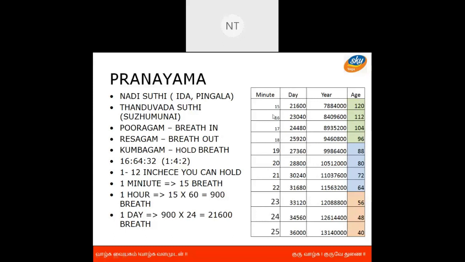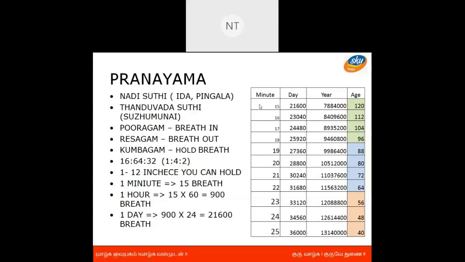Which means the more you increase the number of breaths in a minute, say you go 20 breaths a minute, your life span will be 80 years. If it is 15, 120 years, this is the maximum age which they fixed. So this is what you can see with pranayama.